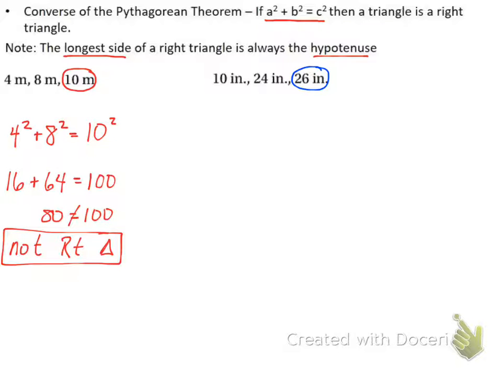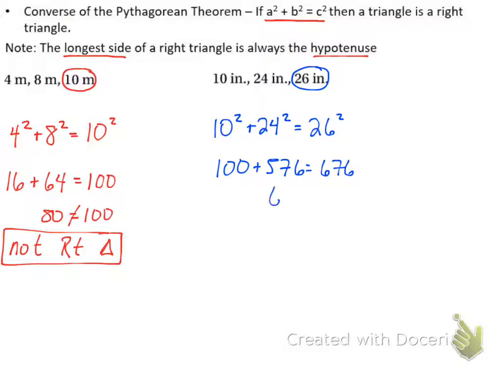Largest side length is 26. So I'm going to go 10 squared plus 24 squared is equal to 26 squared. So I get 100 plus 576 is equal to 676. So 676 is equal to 676. That's true, so yes, this is going to end up being a right triangle.